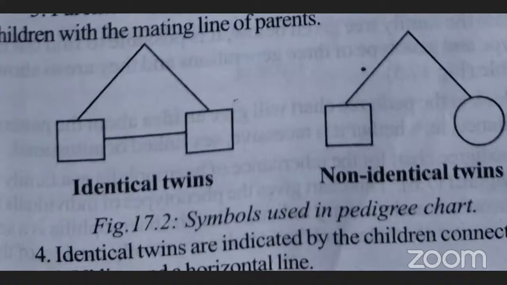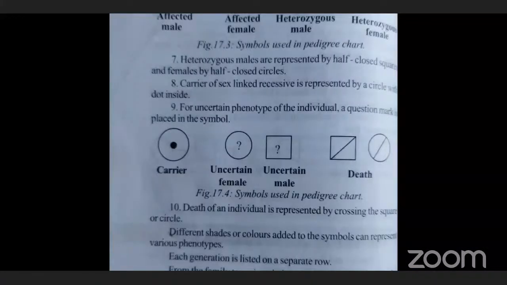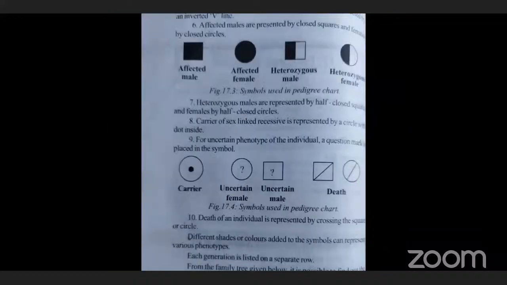Next one, affected males and females are represented by the square boxes and round circles shaded black in color. That means the shaded squares and circles are affected males and females.